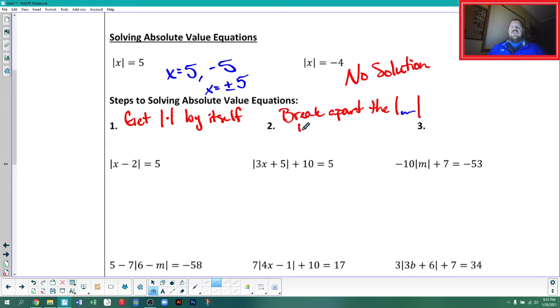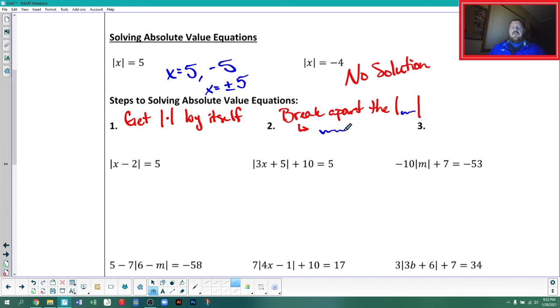But what this means is we're going to turn our absolute value equation into 2 separate equations using this idea right here. When I have absolute value of x equals a number, it means that x equals either the positive or the negative version of that number. We're going to end up with 2 equations here.